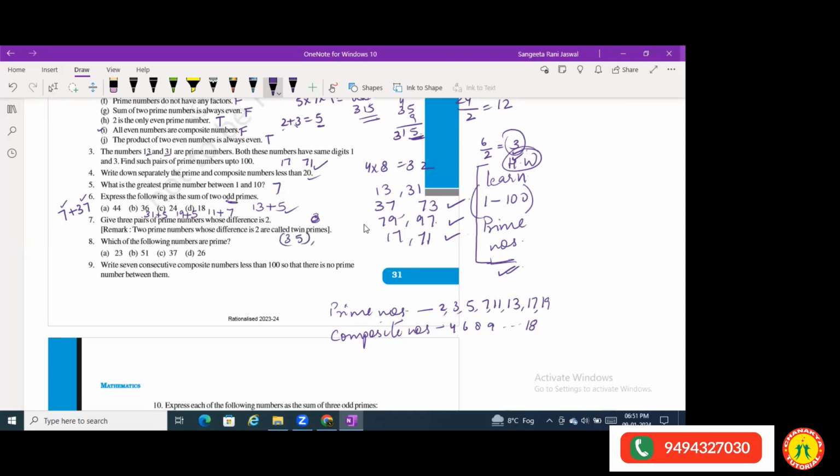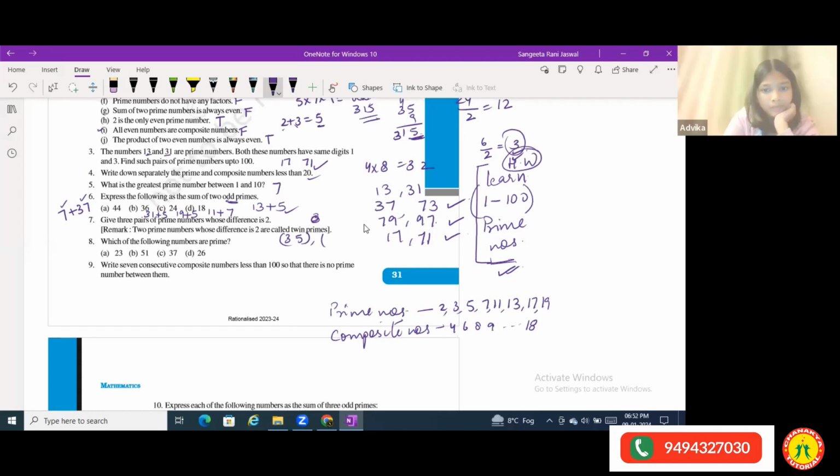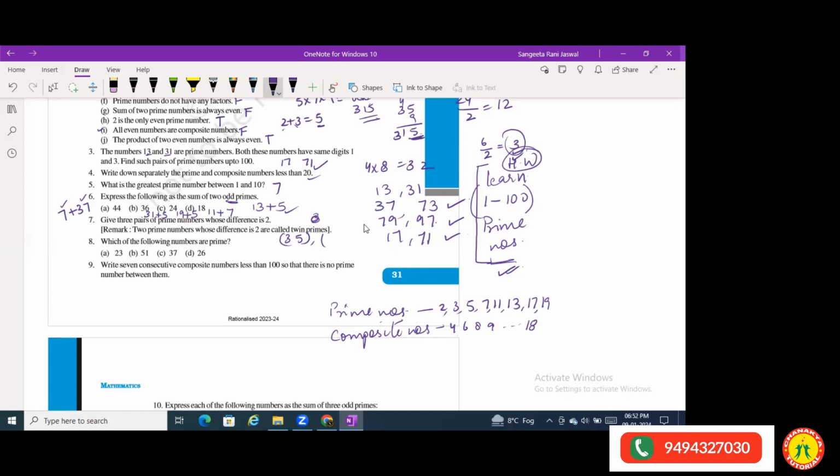Let others also get the chance, Charvik. Okay, ma'am. Next, Advika, tell me the next pair of twin prime numbers.